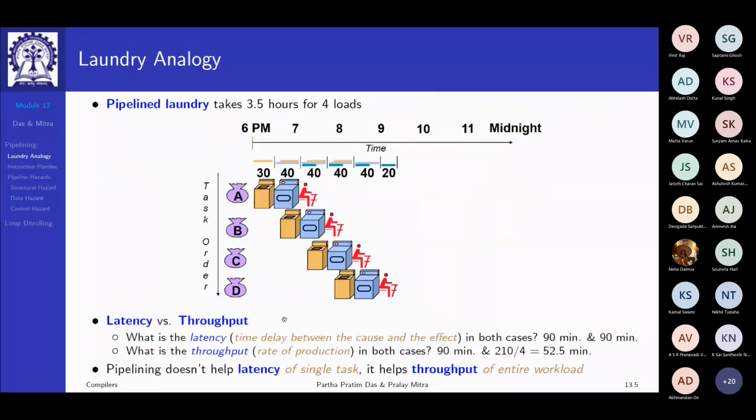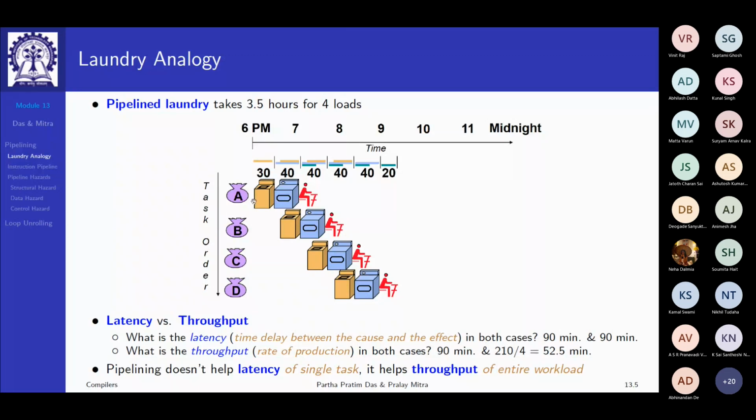basic pipelining. So in the next slide, we have this pipeline structure. The first person initially puts in the load. It's only washing the clothes. Then it goes for drying when the second person has put in the washing load in the washing machine. In the third part, when the first person is doing folding, the second person puts the clothes for drying, and the third person starts doing the washing.